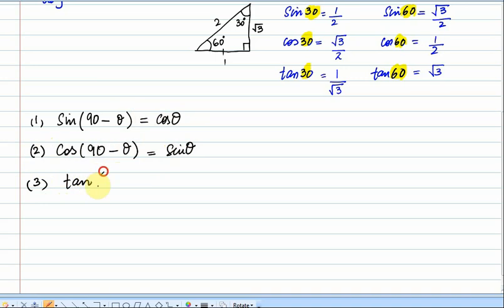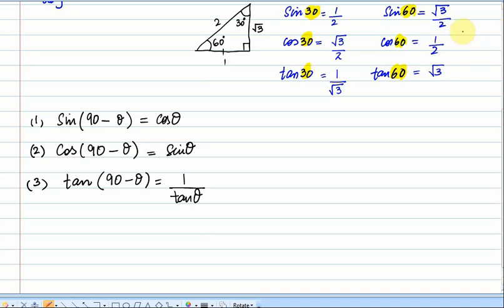Tan of 90 minus theta is equal to 1 over tan theta. Write down these working formulas in your copies. You have 20 seconds. Done. So these are the three important identities, or you can say working formulas, that we will use in Addmaths.